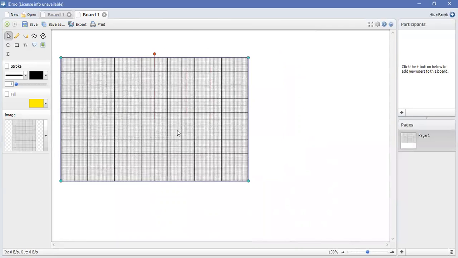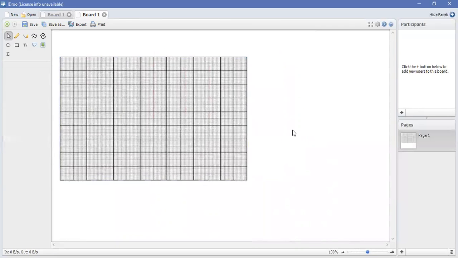All right, so here we have a graph now. We're going to be drawing a line and determining the vector.